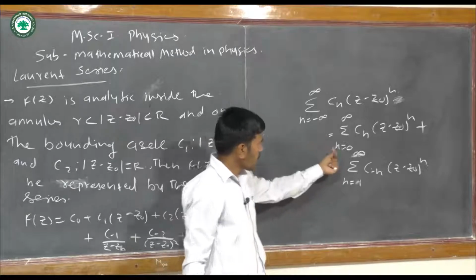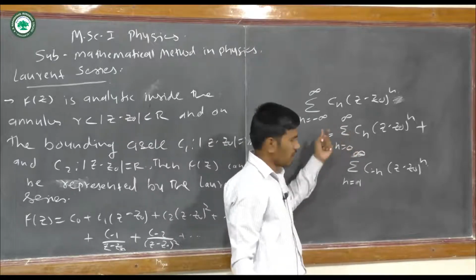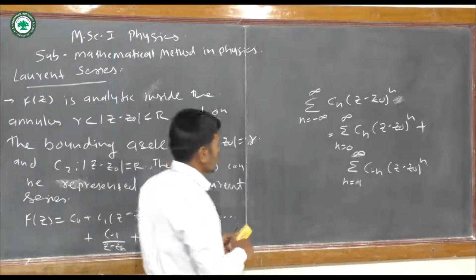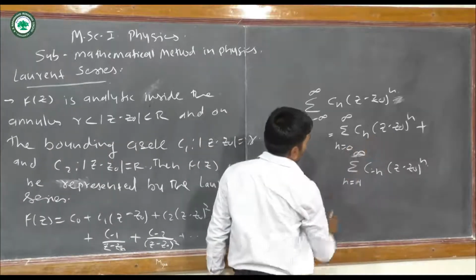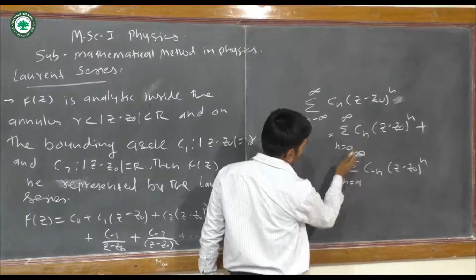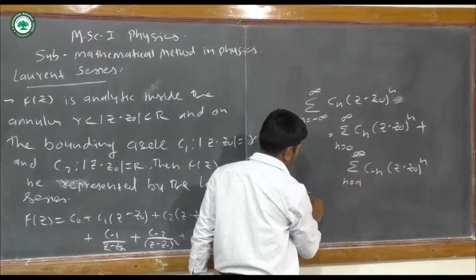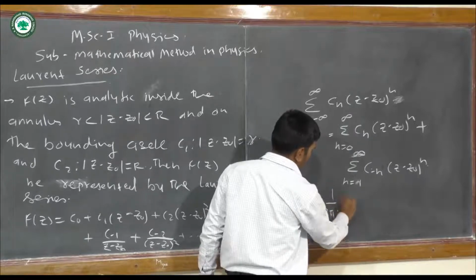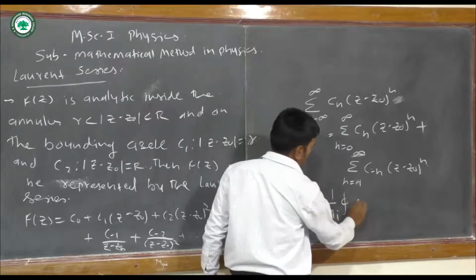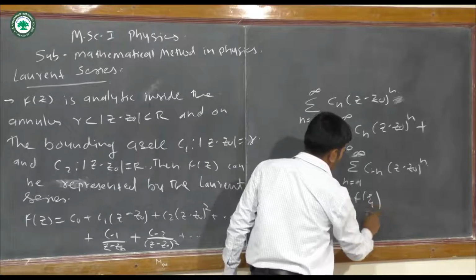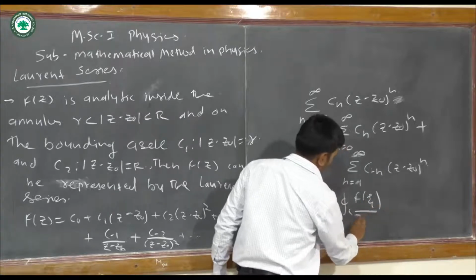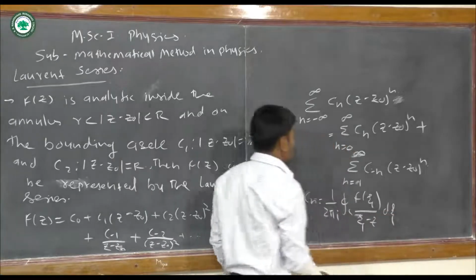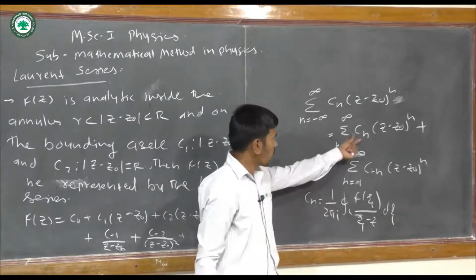Here the powers of this series are positive and negative. This Cn is a characteristic coefficient. Cn is equal to 1 by 2 pi i, closed integral over C of f of psi divided by (psi minus z naught) to the power n plus 1, d psi.